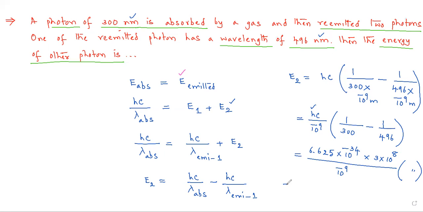Now let me write this. 6.625 into 3. Now how about this? Minus 34 plus 8, minus 26. Now this goes into the numerator, it becomes 10 power plus 9. So 10 power minus 26, then 10 power plus 9, that will be 10 power minus 17.